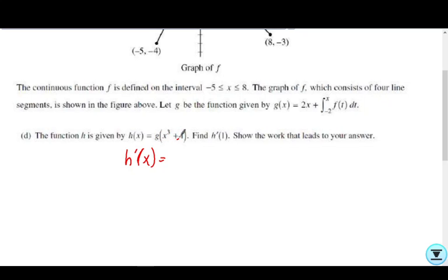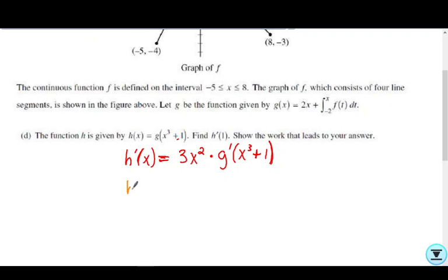So we have x cubed plus 1 inside of g, which means I have to do chain rule, or the inside-outside rule. So the derivative of the inside is 3x squared times the derivative of the outside, g prime of x cubed plus 1. So there is the derivative. That is h prime.